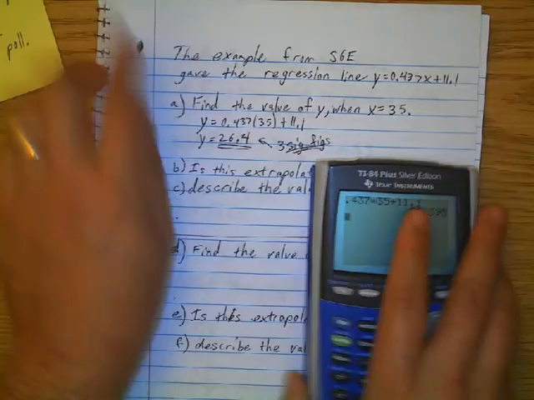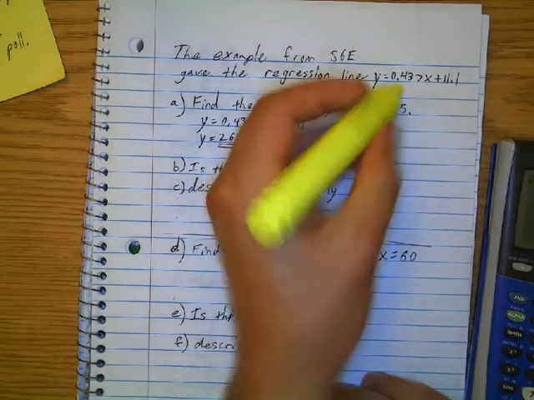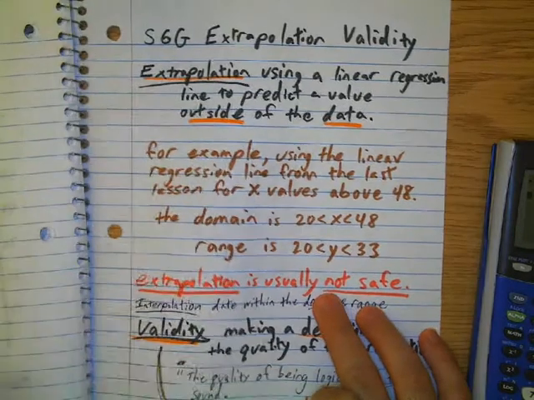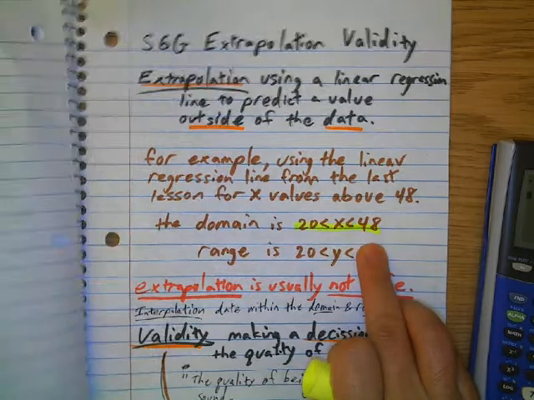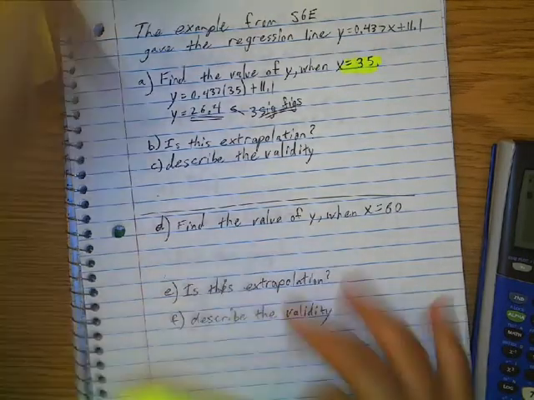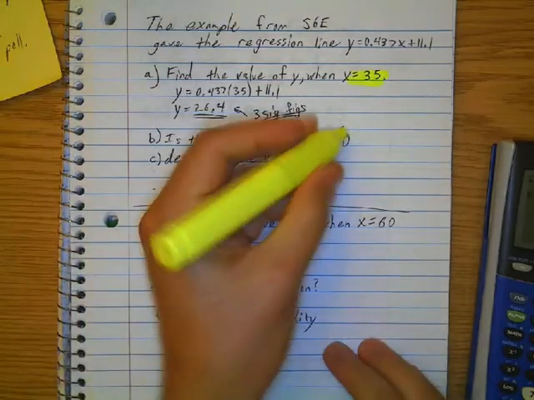Now, 35. Is that within my domain? Yes. So is that extrapolation? No, because it's within the domain.